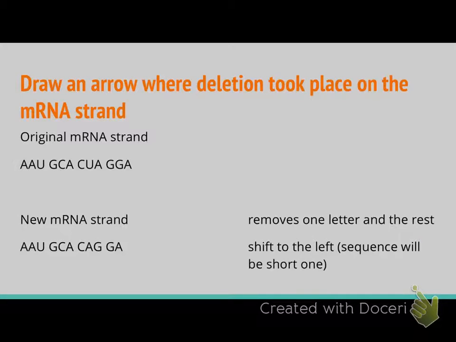Alright, so on this strand, I want you to circle where the deletion took place. So A lines up with A, U lines up with U, G lines up with G, C lines up with C, A lines up with A, C lines up with C. Here's our error. We removed a U in the strand below, and that shifts everything over to the left.